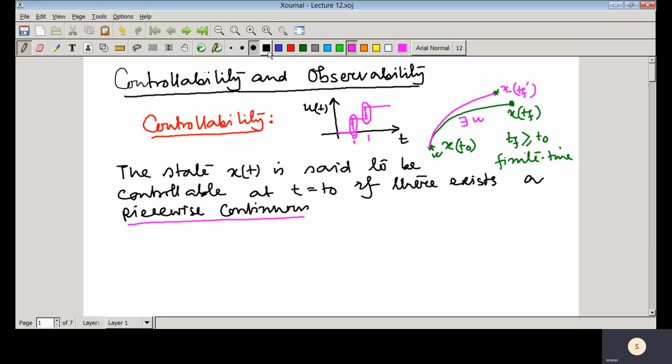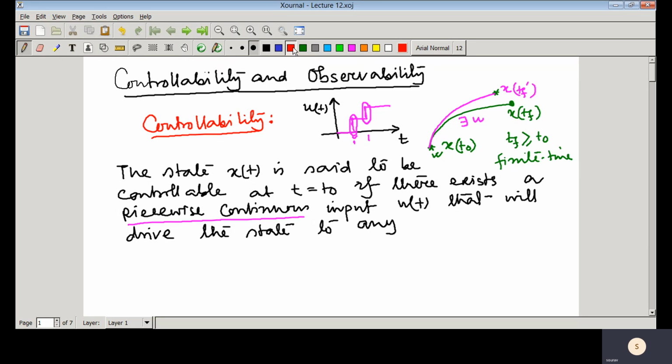So piecewise continuous input u(t) that will drive the state to any, that is important, to any final state x(tf) for a finite time, tf greater or equal to 0.